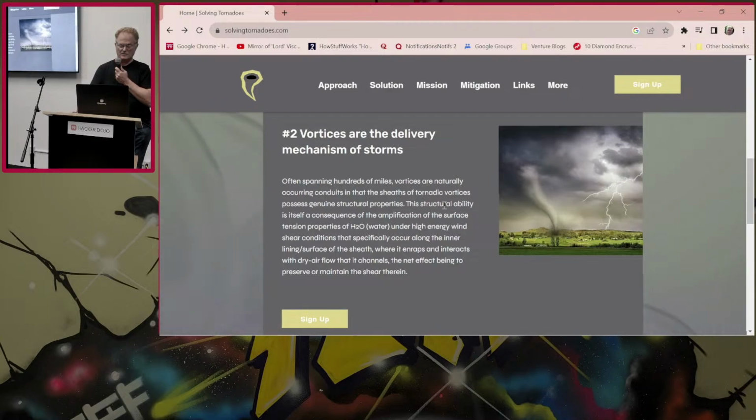This structural ability is itself a consequence of the amplification of the surface tension properties of H2O, water, under high energy wind shear conditions that specifically occur along the inner lining surface of the sheath of the tornado, where it enwraps and interacts with the dry air flow that it channels. The net effect being to preserve or maintain the shear therein.